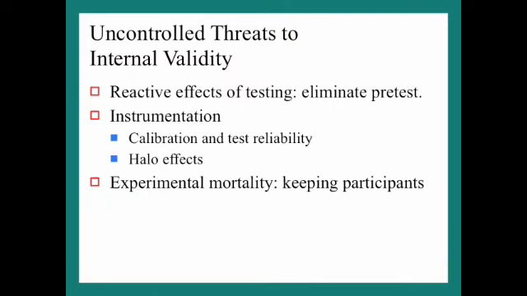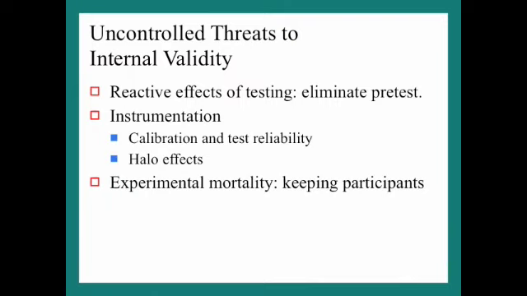Other things that we can't control is the instrumentation. We can, to a point. If we have good, reliable instruments, but the calibration goes out of whack, sometimes we can't do much about that. If, through the passage of time in our study, our weight scale gets out of calibration, unless we're calibrating every single time, that's the only way we can control that.